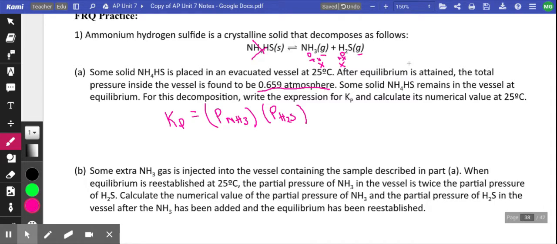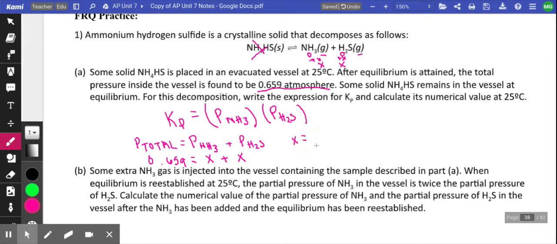And if I remember Dalton's law of partial pressures, I know that the total pressure in a mixture is equal to the sum of the individual pressures. So that would be the pressure of NH3 plus the pressure of H2S. I know that the total pressure is 0.659 atmospheres. I know that the pressure of NH3 at equilibrium will be x, and the pressure of H2S at equilibrium will be x. So I've got 0.659 equals x plus x.